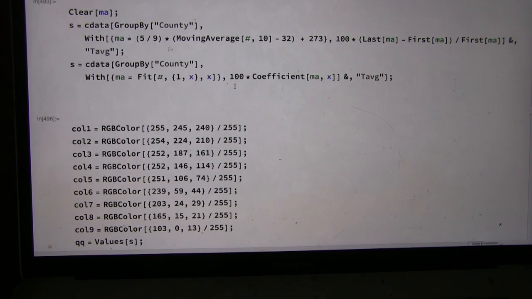What is that called? A is the slope. And the slope represents the change in temperature each year. So we were looking over 100 years, and 100 times the slope is the change in temperature over 100 years.